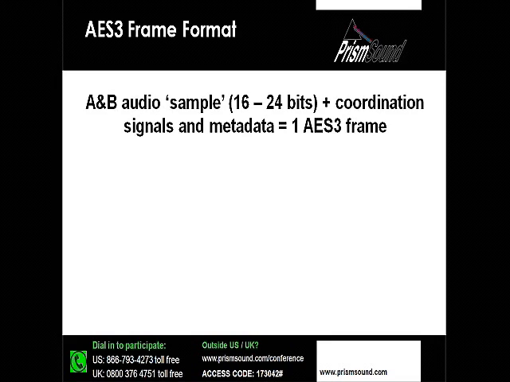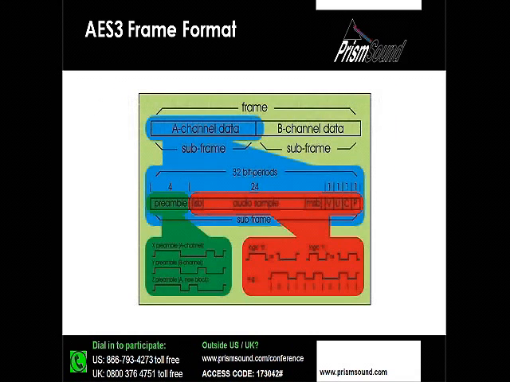So just to give you some idea of the bandwidth, we're looking at a data stream that contains a frame format that contains A and B audio samples, and this audio sample can be anywhere from 16 to 24 bits. And in this frame, there's also coordination signals and metadata, and that equals one AES frame.